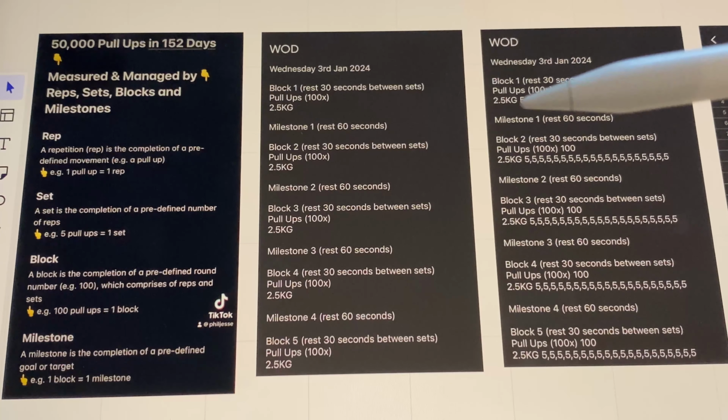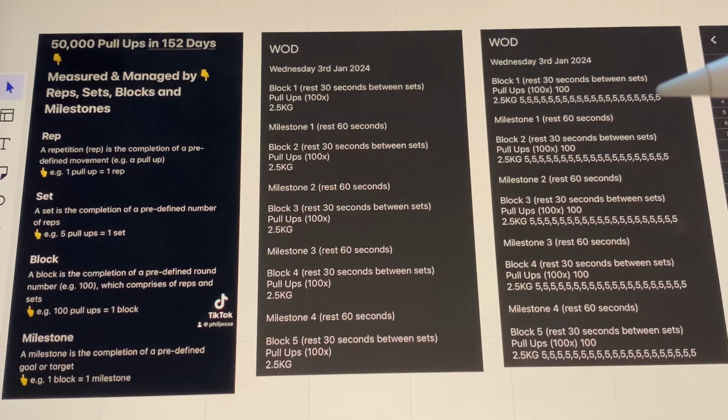For example, 5 reps, rest for 30 seconds, 5 reps, rest for 30 seconds, and so on and so forth. So right there is 20 sets. 20 sets of 5 reps max equals 100 pull-ups. So that is block 1 complete. And as you can see down here, it just literally repeats.